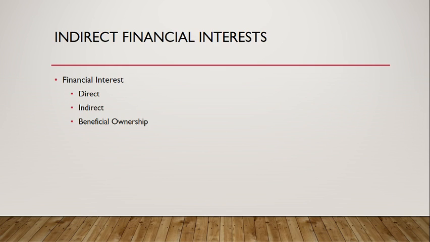So let's think about that for a second. If a covered member has any material indirect financial interest in an ed test client, if a covered member is committed to acquire any direct material or any direct financial interest in an ed test client, independence is deemed to be impaired.